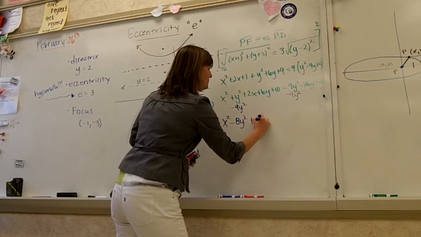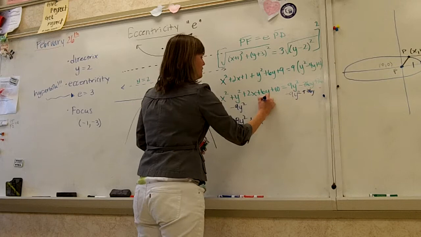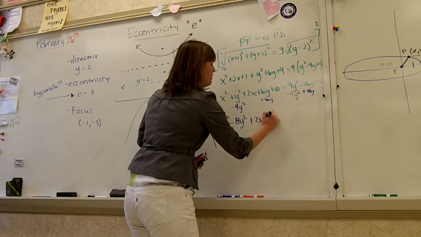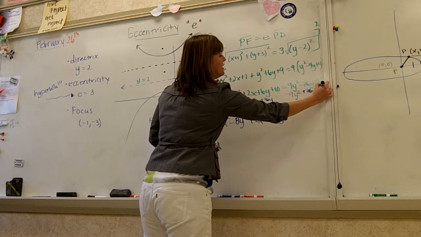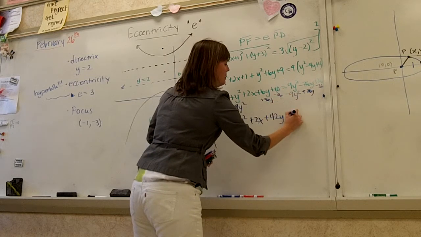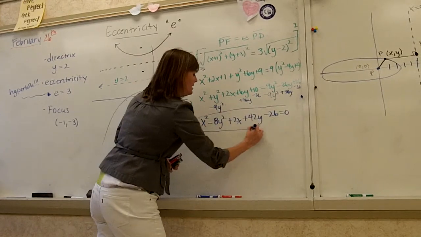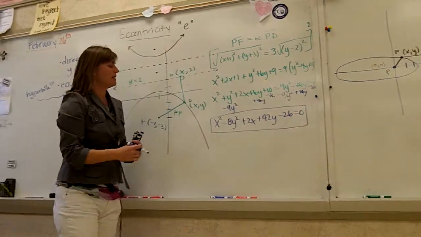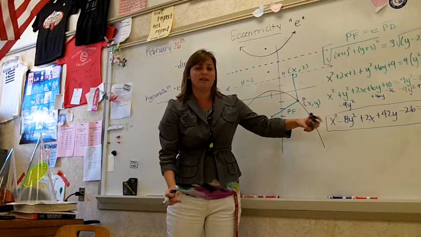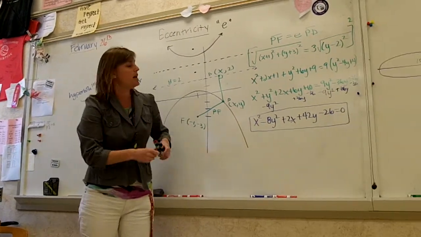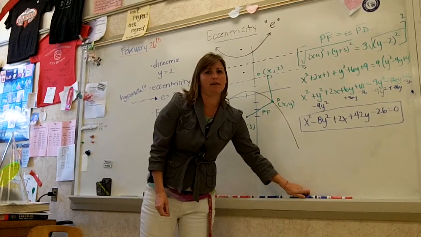Plus 2x, and then I add 36y, hopefully I do that right, 42y. Then I subtract 36, so that's minus 26 equals 0. In the end, you are satisfied with the fact that you come up with a hyperbola. Now, don't complete the square on this unless you are crazy, because it's going to be a lot of fractions, which I know you don't like anyway.